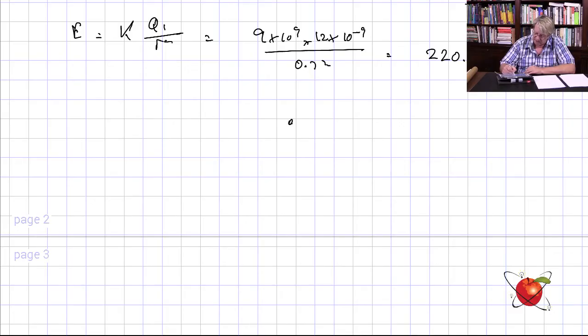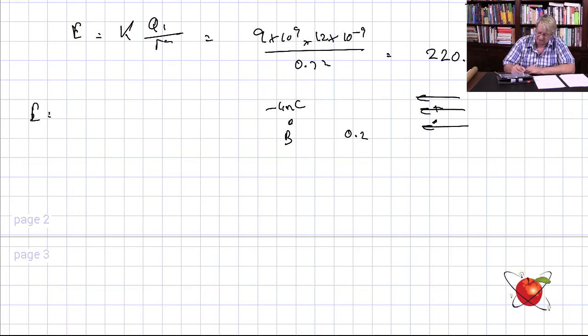Right, now we do exactly the same again. Now just work with B and C. B and C are 0.2 apart. B is minus 2 nanocoulombs. This is our positive charge. We're going to have an electric field pointing towards the negative over there. And we work it out again.